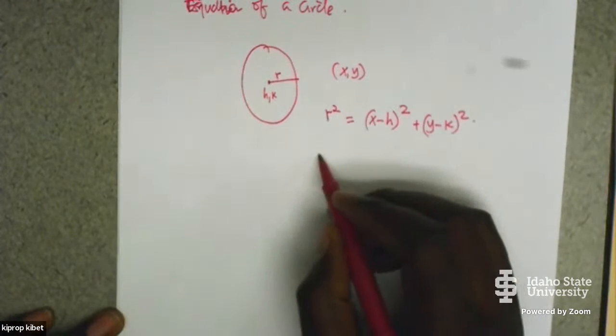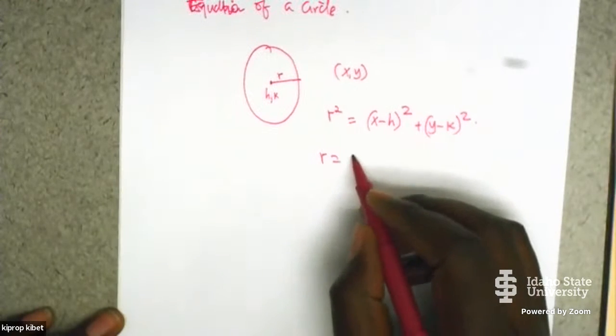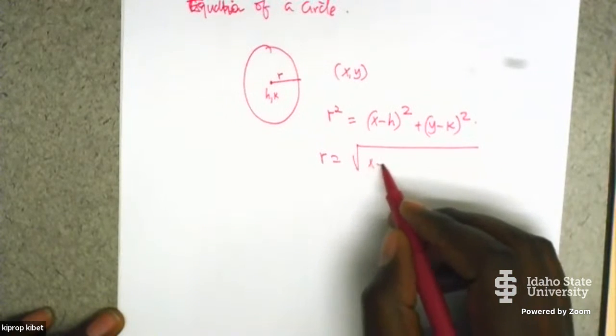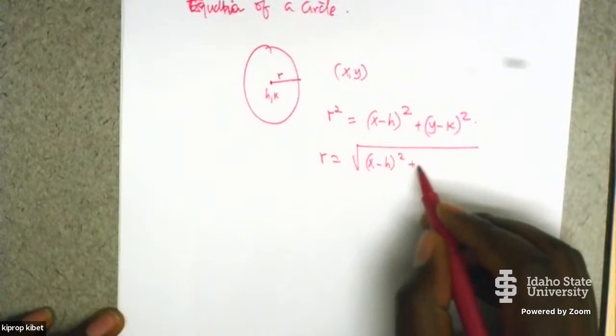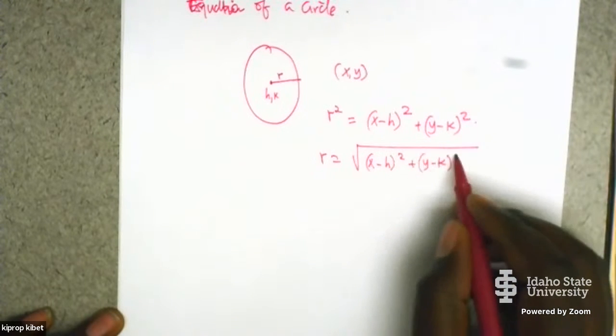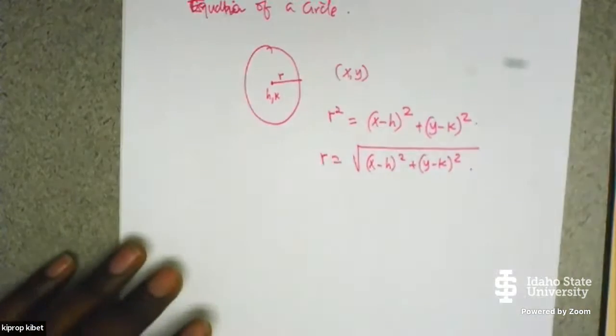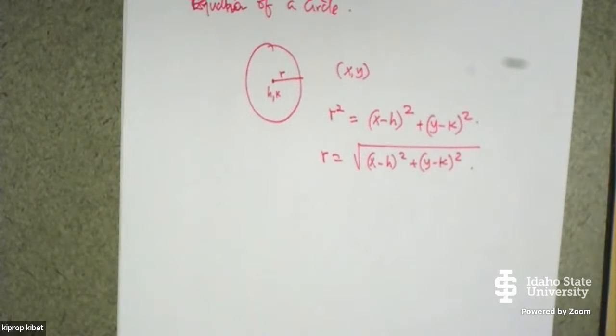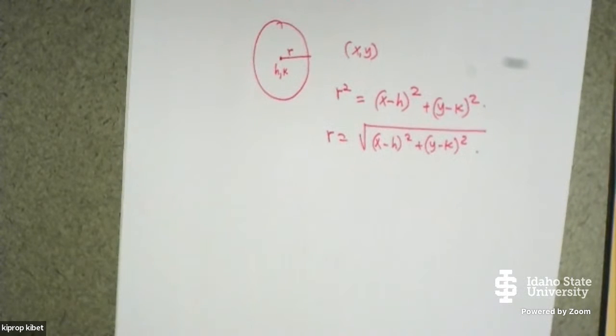So to get only r, our r is the same as the square root of x minus h square plus y minus k square. So this is the standard form of the equation of the circle.